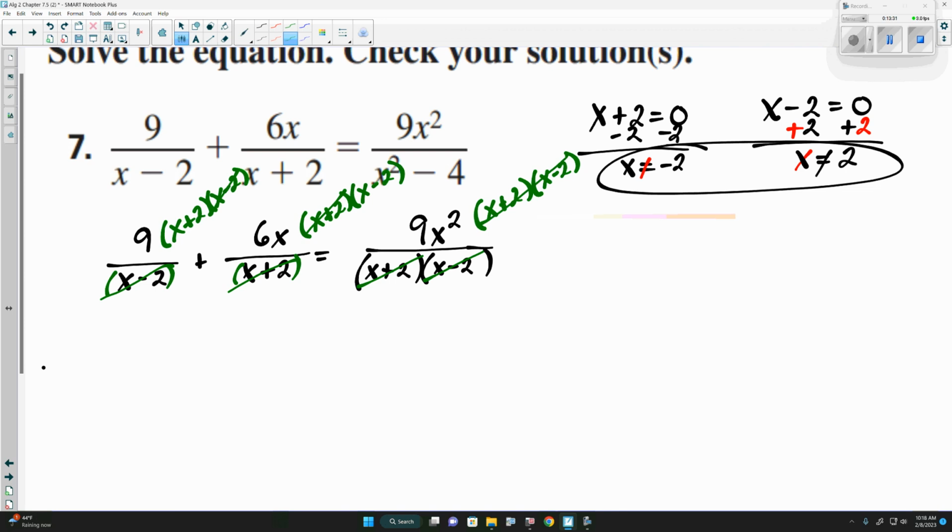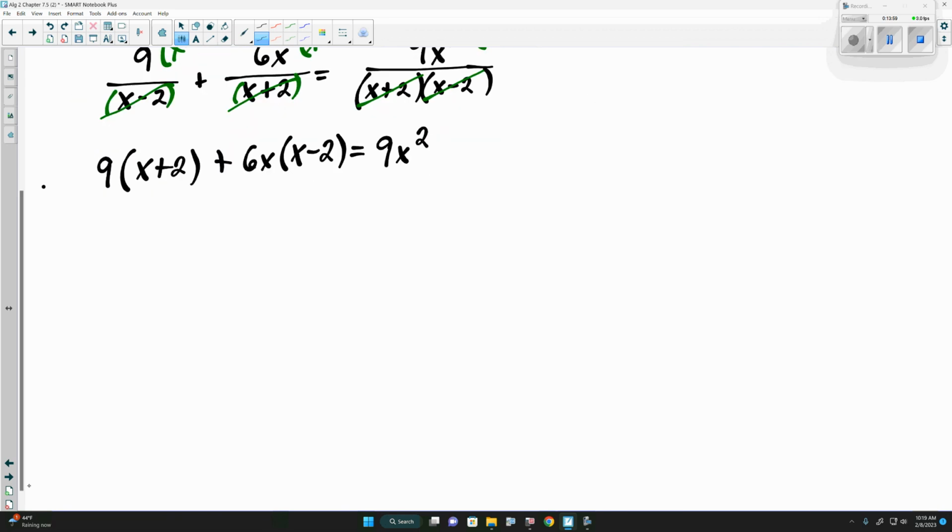And in the last one, both of them would cancel out. And what that leaves us with is 9 times x plus 2 plus 6x times x minus 2 is equal to 9x squared. Any questions on this so far?